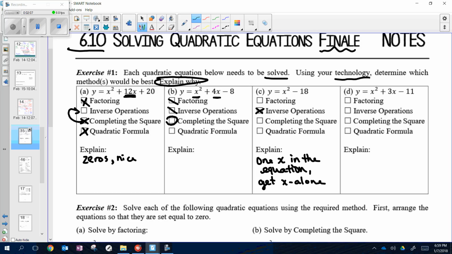But definitely completing the square because the b is even, and quadratic formula works every time. So completing the square because the b value, little b, is an even number, and the quadratic formula works every time.